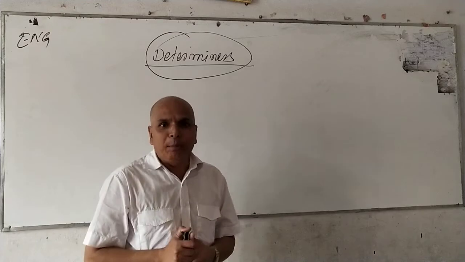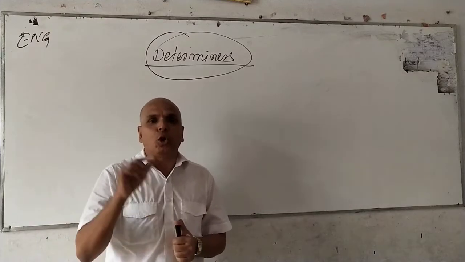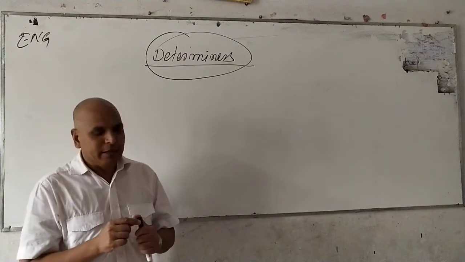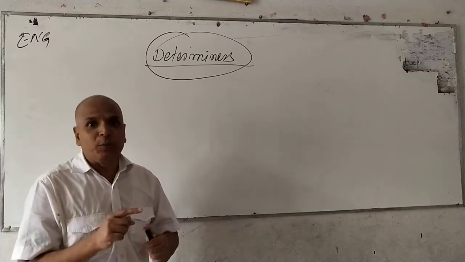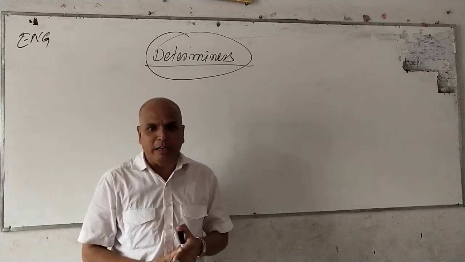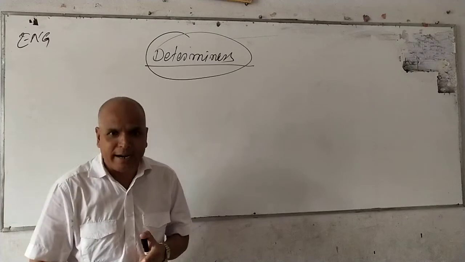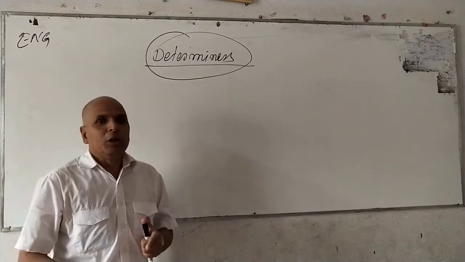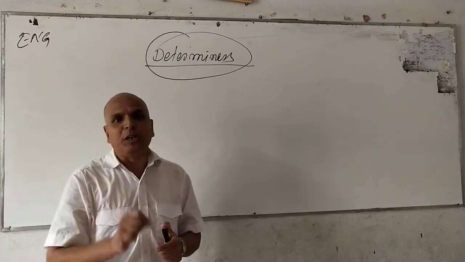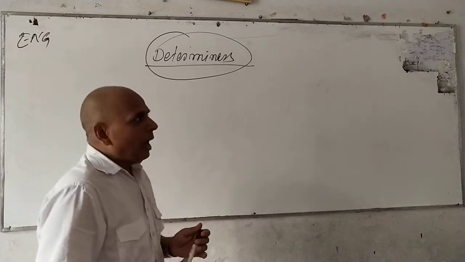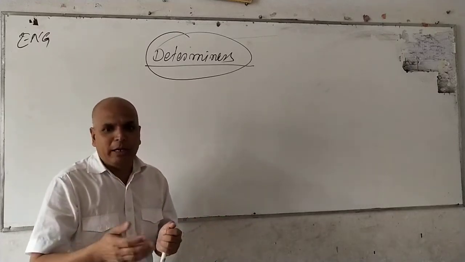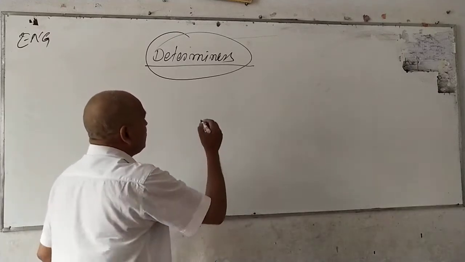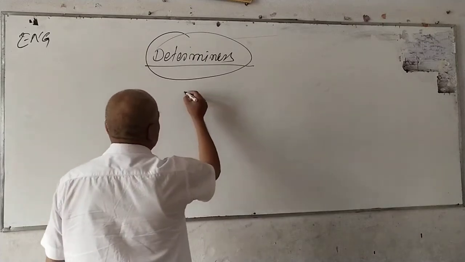Now, some of the basics I already taught in my previous class, such as the definition of determiner, origin of determiner, contrast between determiner and adjective, etc. Today I will talk about the types of determiner. Here I will write there are 3 types of determiner.